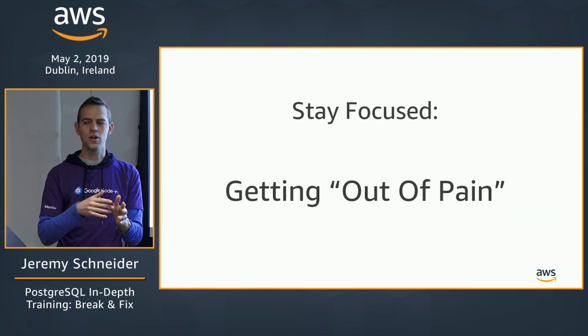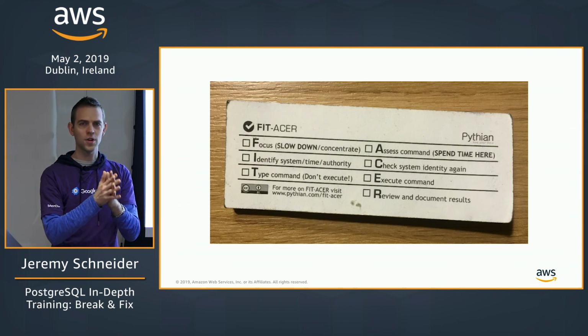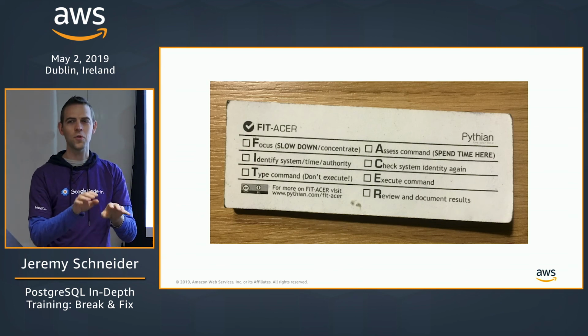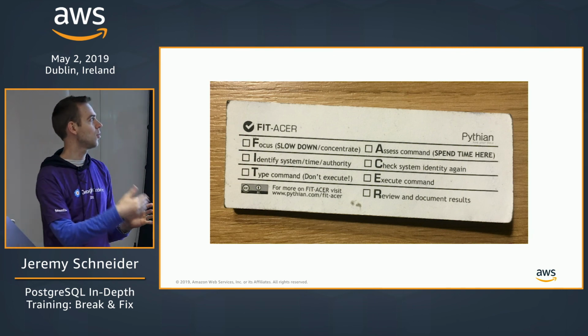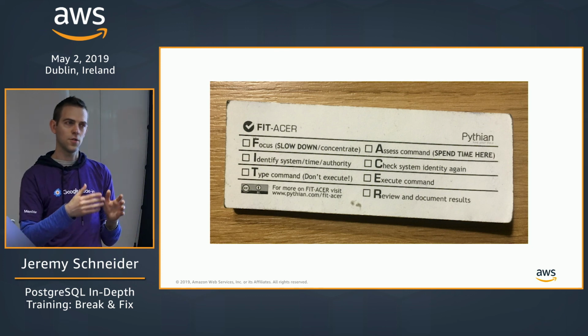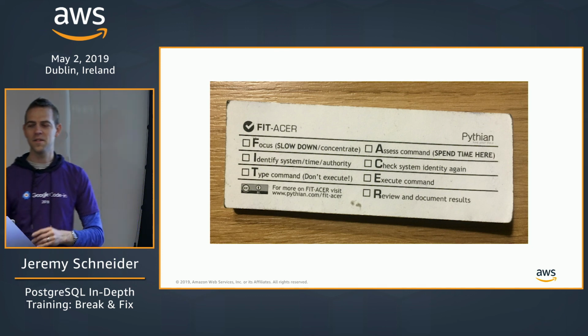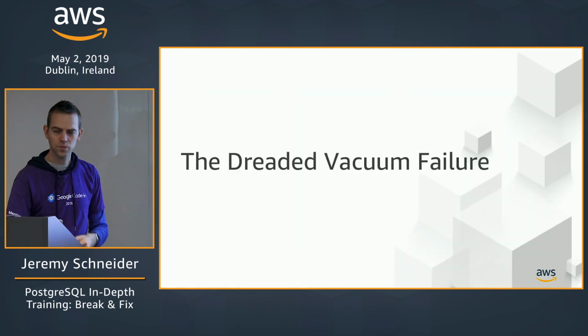And not only just get out of pain, but slow down, focus, make sure you're typing in the right terminal window. You don't want to type a command in the wrong window. You move slowly, work with a partner, and first priority is get out of pain. And then after that, we'll start thinking about the root cause.